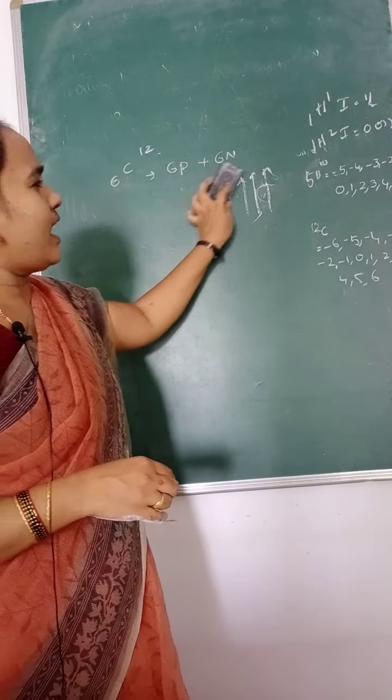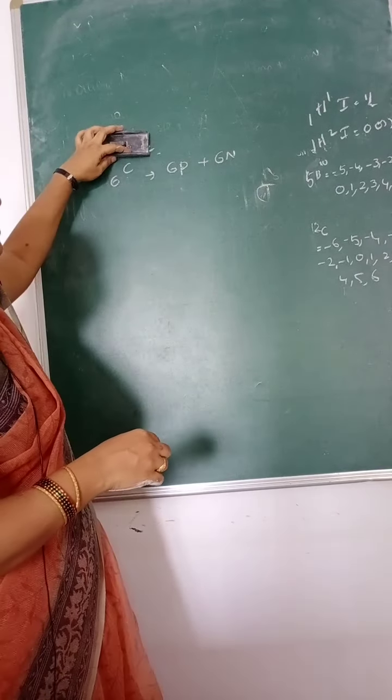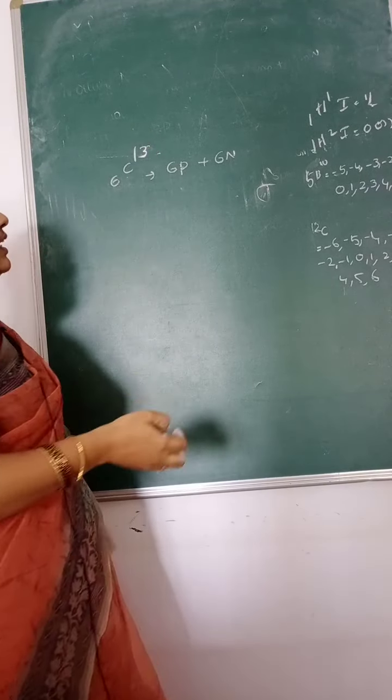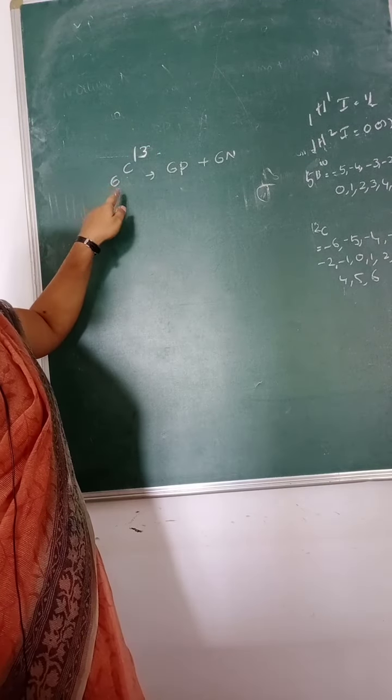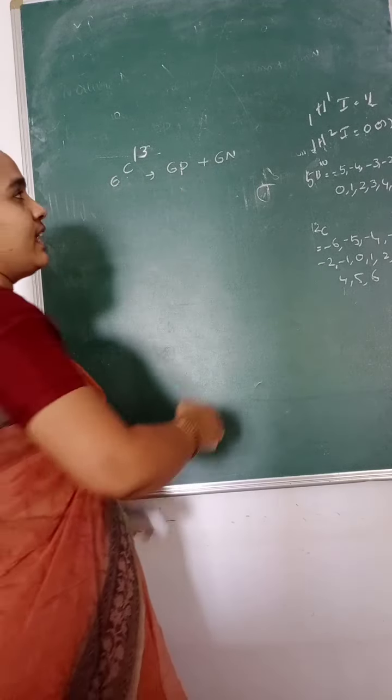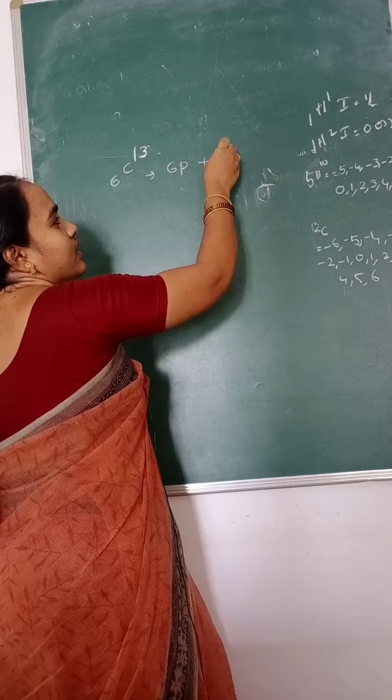For the isotope of this carbon atom, that is 6C13, inside the nucleus we will have 6 protons. So then we will have 7 neutrons.